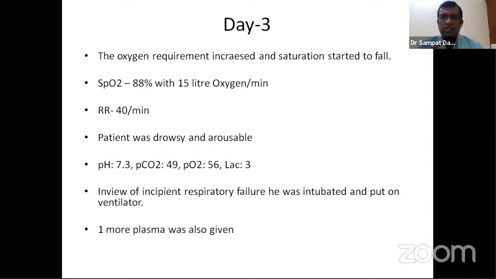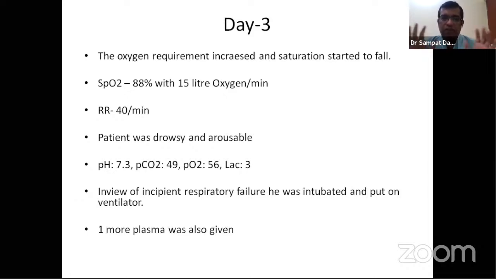That means he is not able to ventilate himself. And with a lactate of 3, that means there is respiratory fatigue going on. So all these things indicate that this patient is in incipient respiratory failure, and on top of that I have already told you about the restriction for NIV, so the patient was intubated, and 1 more plasma was given because the patient had deteriorated.